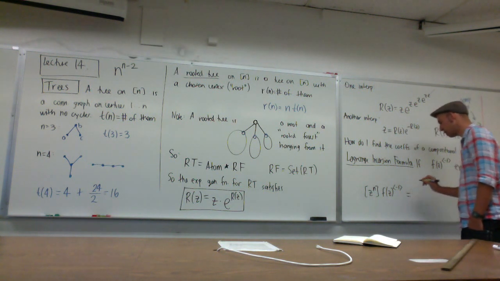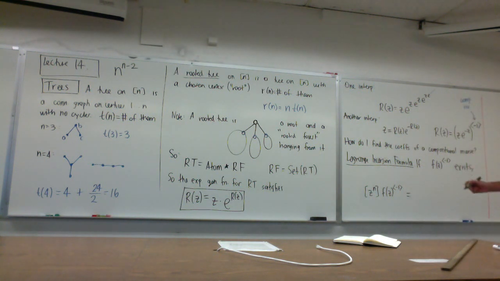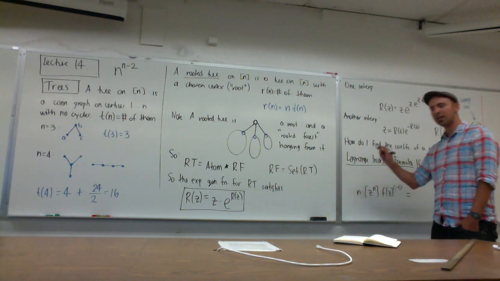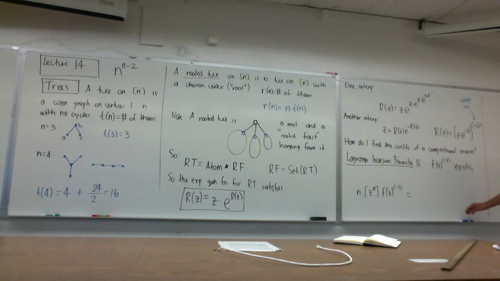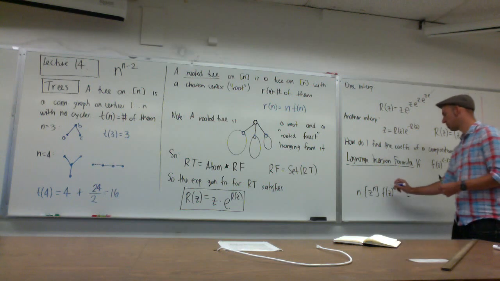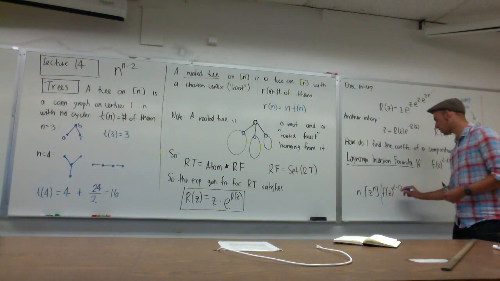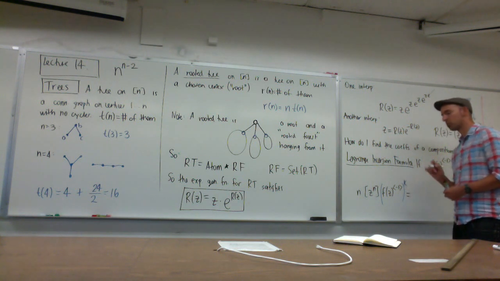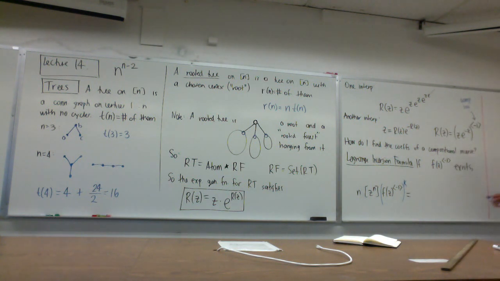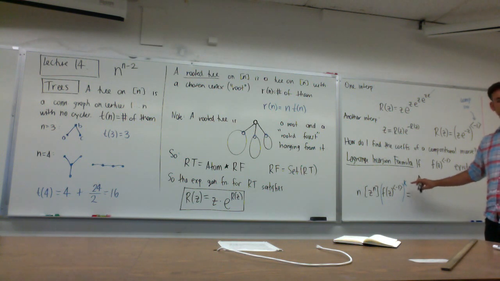Now, it turns out that it's convenient to just put an n here, and it's a little bit more general. Not only can I do this for the compositional inverse, but also for any power of it. But for us, k is going to be equal to 1.